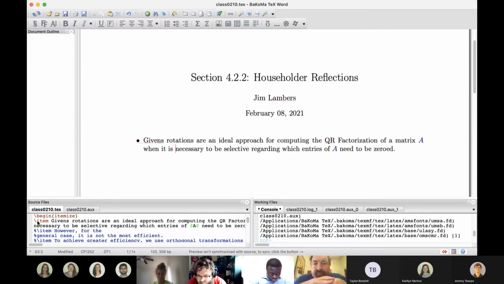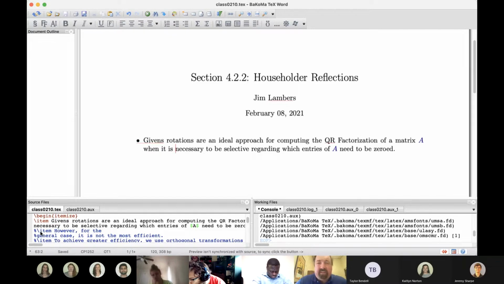So now, the strength of Givens rotations is that they act with pinpoint precision. Each Givens rotation will be used to zero just one element of a matrix. So in cases where you need to be more particular about what you zero, like maybe A is a sparse matrix, so you want to only zero a few select elements, Givens rotations are great for that because they'll get that job done efficiently without any wasted computation.